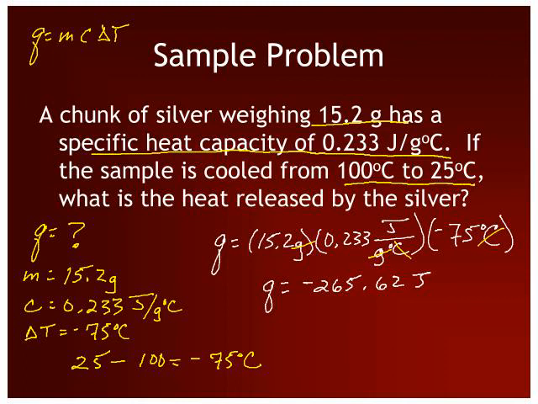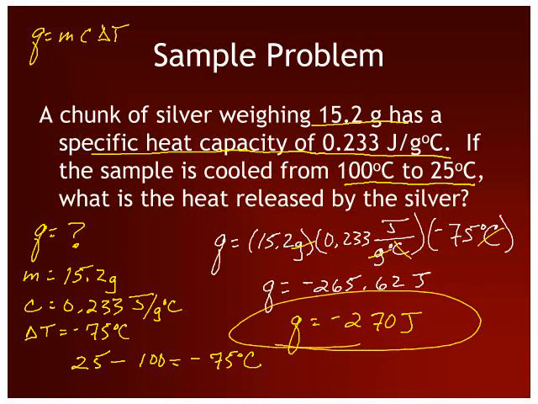I only have two significant figures because of that 75 Celsius. There's only two sig figs. So this becomes Q equals negative 270 joules as the answer. Okay, this is where you can see Q has a negative number.